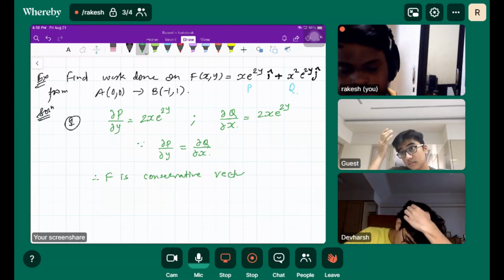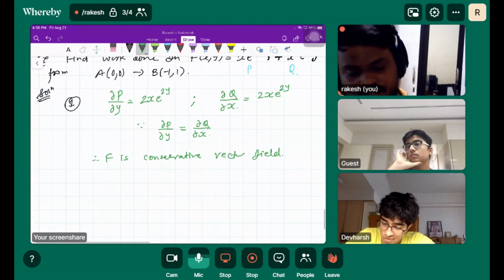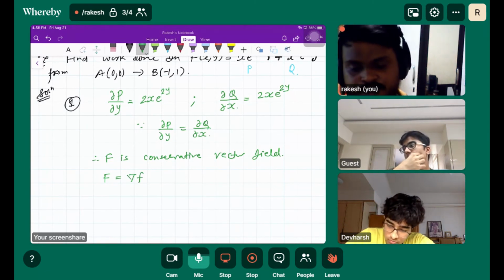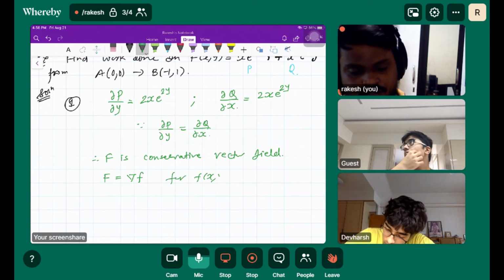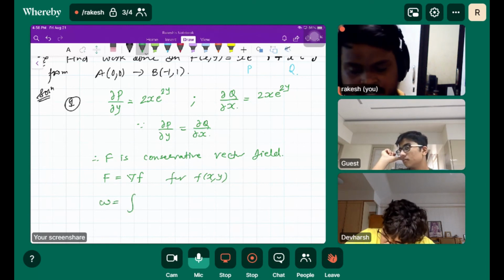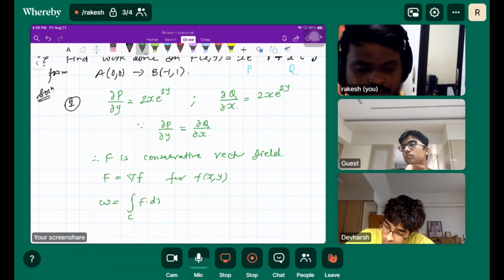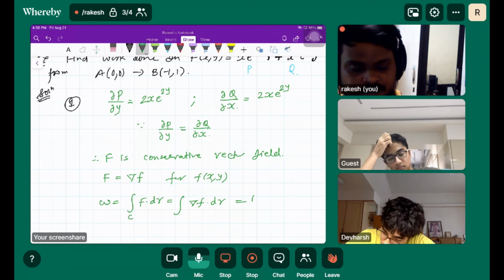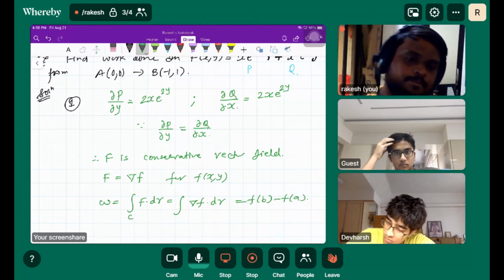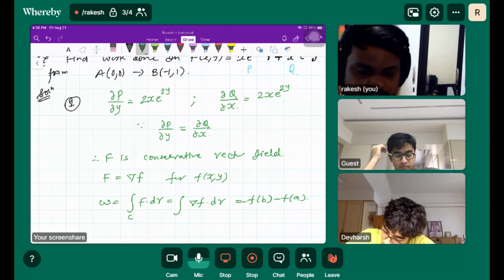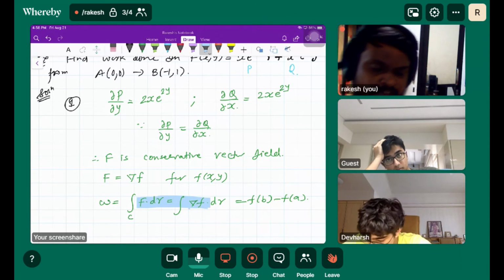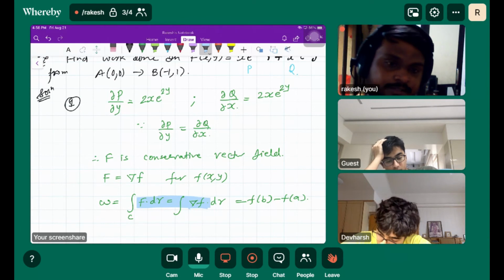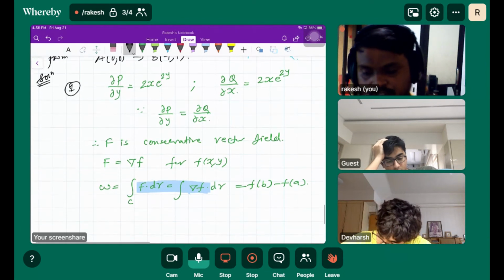Now if F is a conservative vector field, I can write F as ∇f, the gradient of some other function f(x, y), and the whole idea to find the work done will be reduced to f(B) minus f(A). Because only if we have a conservative vector field will this hold. F can be replaced by ∇f.